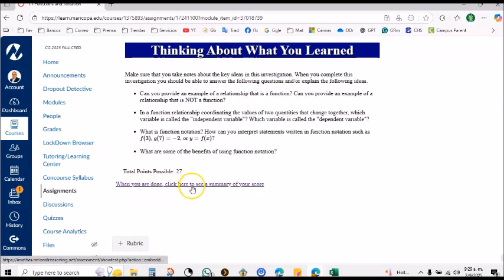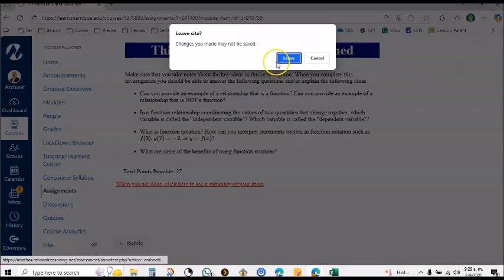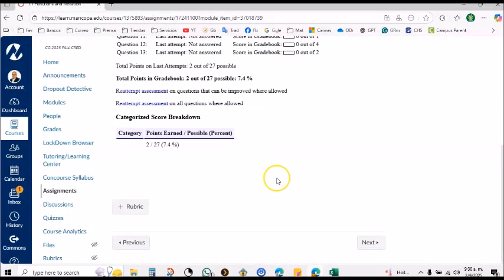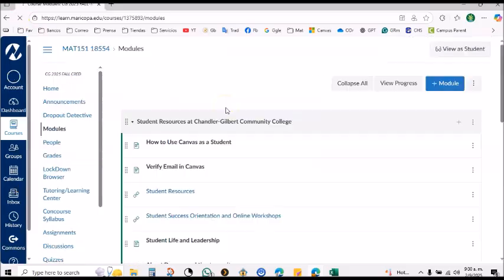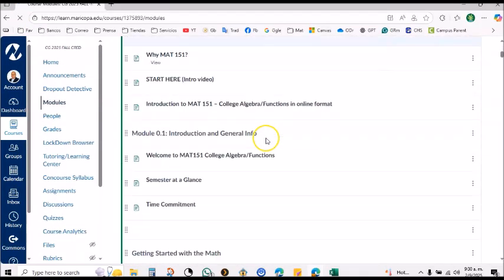When you're done, click here to see a summary of your score. Let me see mine. Because remember, I already answered one question. This is for 1.1 function notation, and it's gonna be the same for 1.2, 1.3, 1.4, and 1.5.